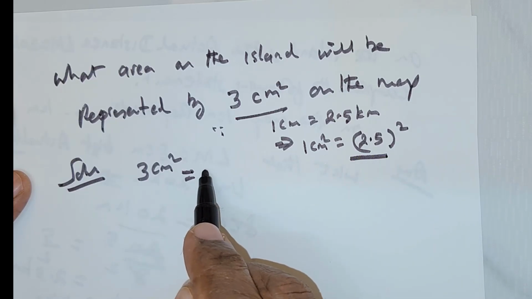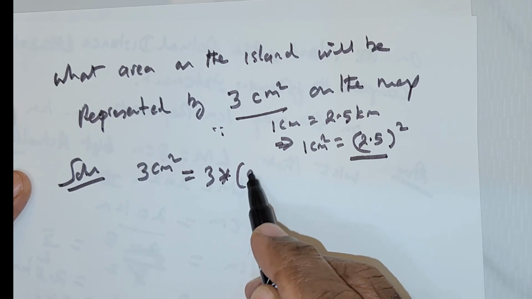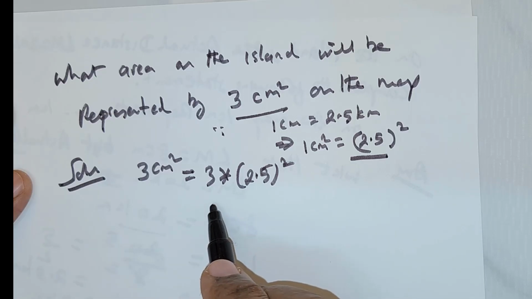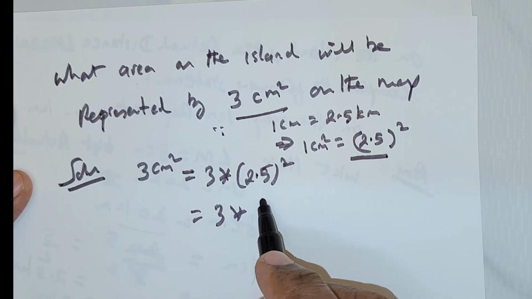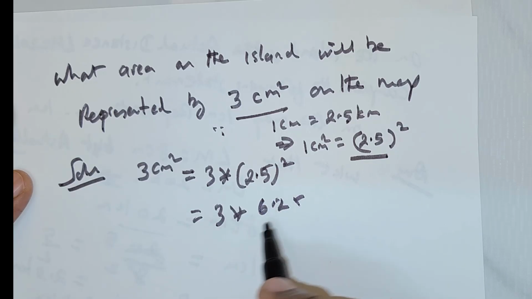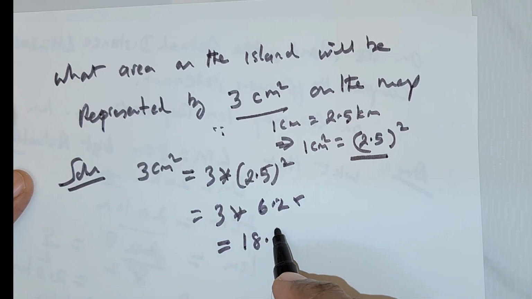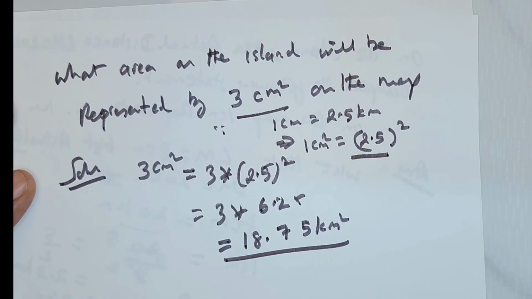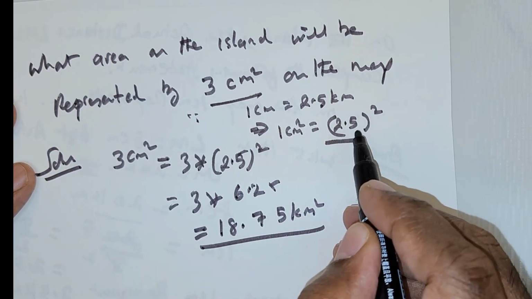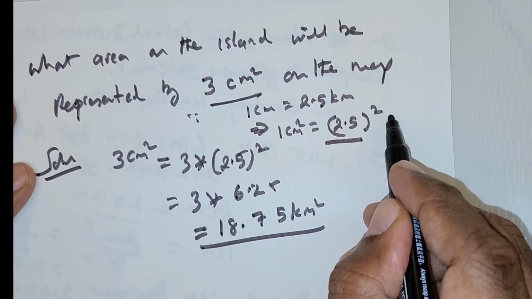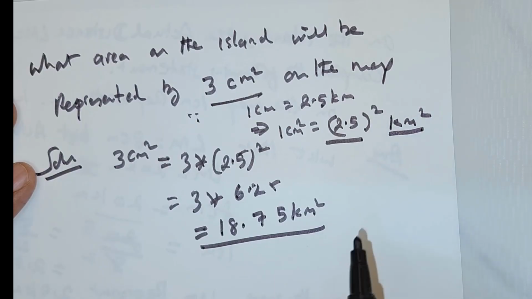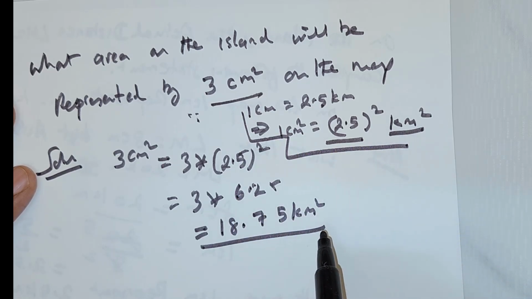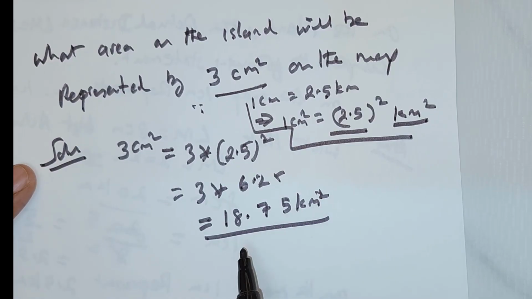So this is going to be equal to 3 times 2.5 squared, which is nothing but 3 times 6.25. You multiply this, you get 18.75 km squared. Okay, so in this case 2.5 squared, you're talking about km squared here. But that's just a side note, but the actual answer is present right over here.